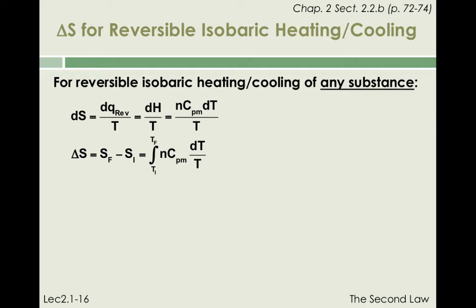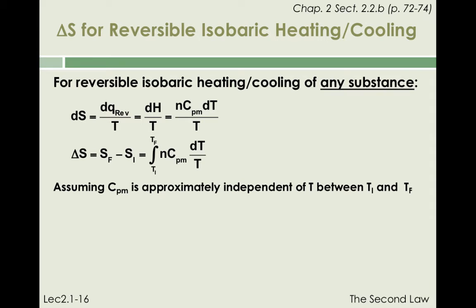So dS is equal to n CPM dT over T. By integration between the initial state and the final state of the process, we obtain delta S equals Sf minus Si equals the integral of n CPM dT over T.